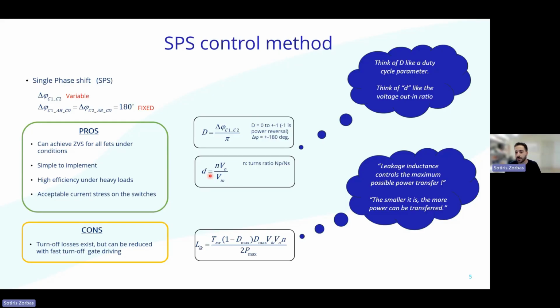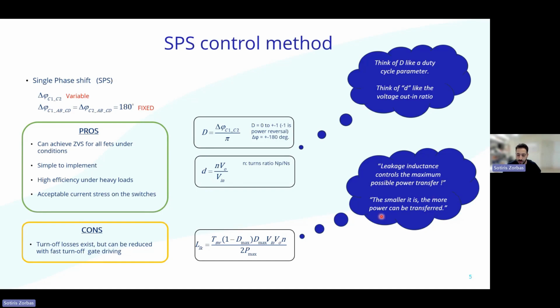This is essentially what you have designed it for. Now, if the output starts deviating or the input starts deviating, then D is not going to be equal to 1. And this is a good idea to keep in mind that we choose this value to be close to 1, and there is a reason why.